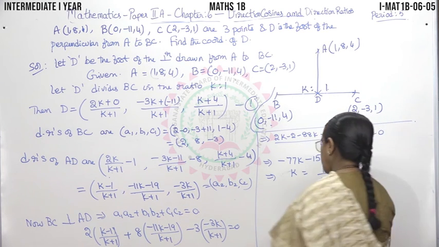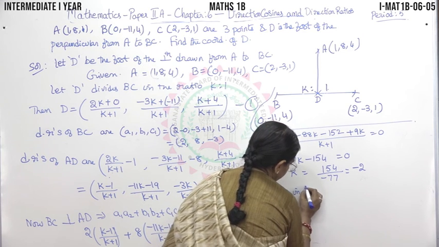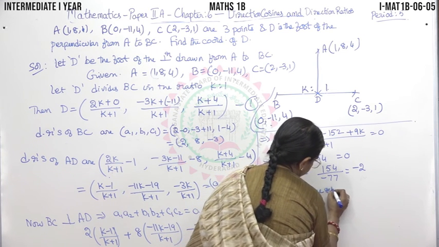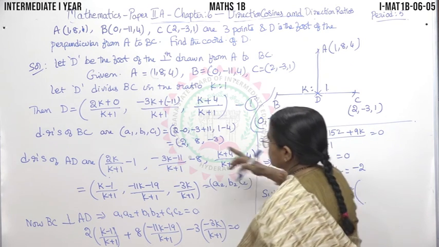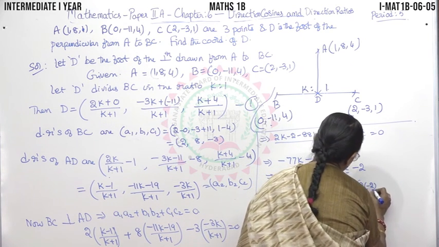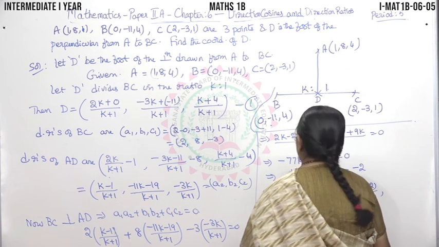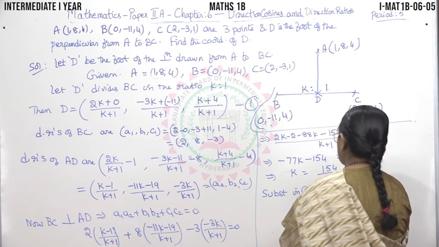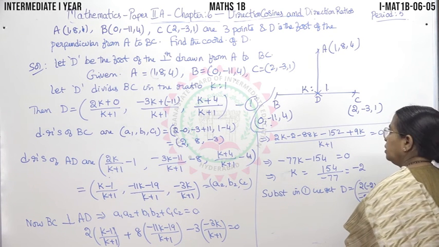Now substituting the value of k in 1, we get D. We get D is equal to, writing k as minus 2, 2 into minus 2 by minus 2 plus 1, and then minus 3k, which is minus 3 into minus 2, plus 6.